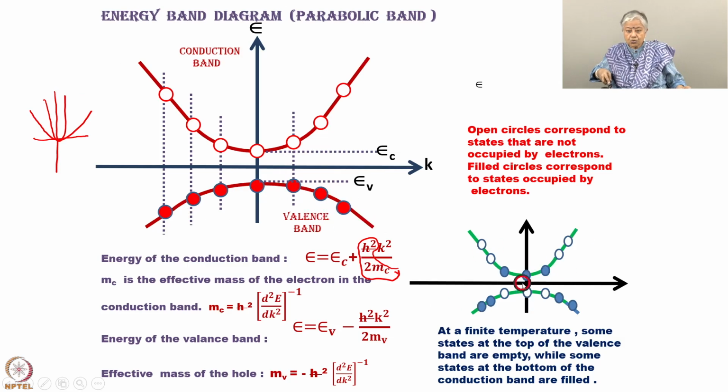Some of them close by may just jump into this part, and some of them remain behind, and what is left behind is a hole. There is a hole here, there is a hole here, there is a hole here because all the electrons have jumped up here at a finite temperature. At room temperature, some of them may be here and they have gone up here. So, you have to see this.